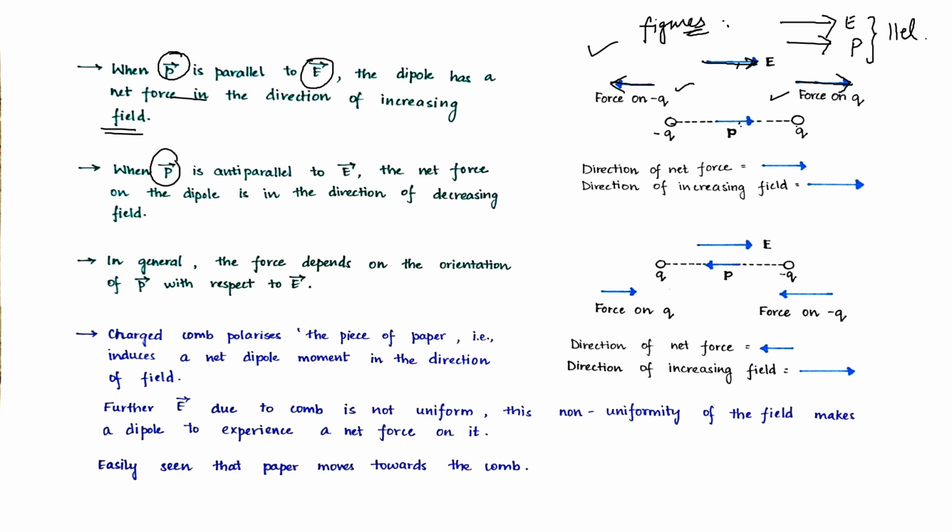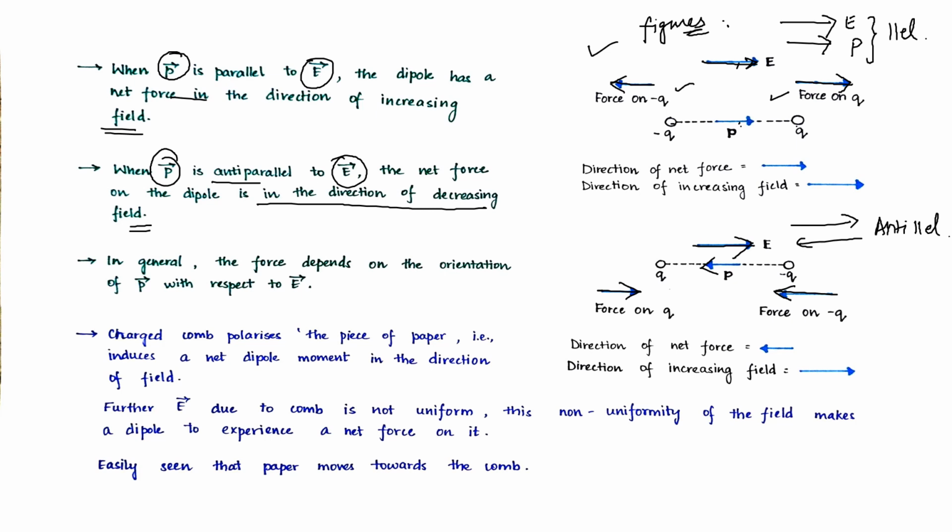Now when P is anti-parallel to E, the net force on the dipole is in the direction of decreasing field. See over here, the dipole is in this direction and the electric field is in this direction. They are anti-parallel. In this case, both forces are directed inward along the length of the dipole.